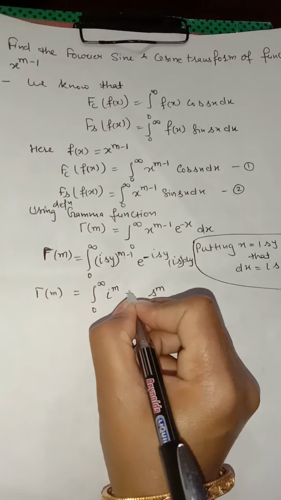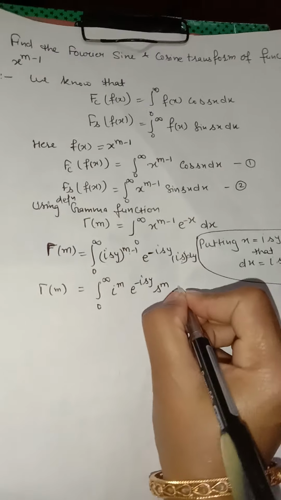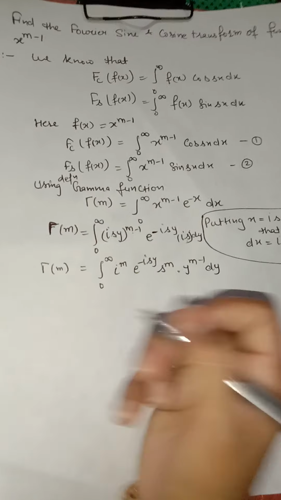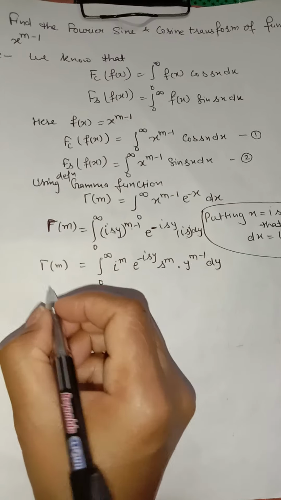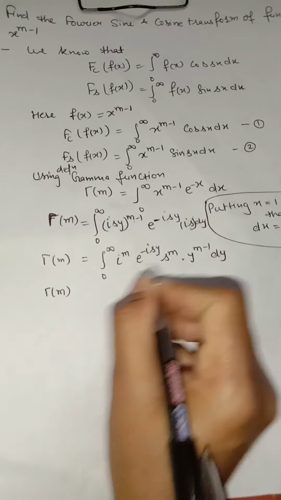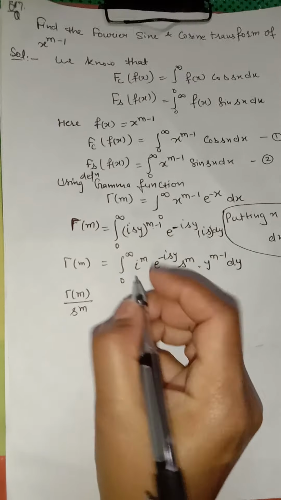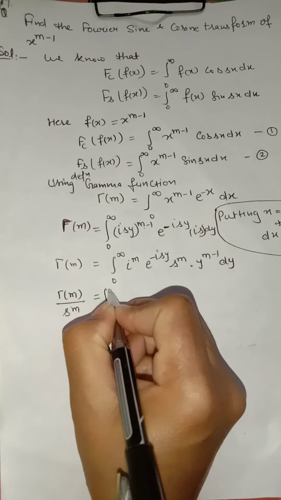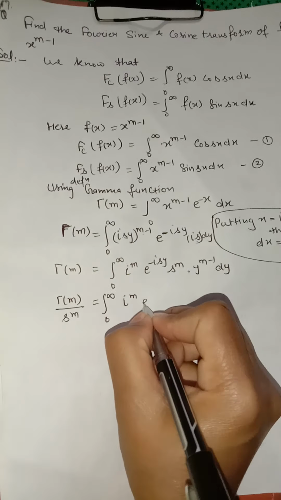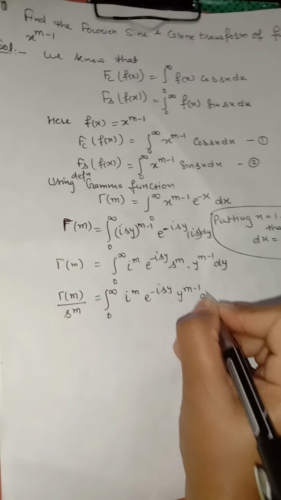Then e raised to power minus iota sy and y raised to power m minus 1 dy. Now taking s raised to power m to left side, gamma m upon s raised to power m can be written as integral 0 to infinity iota raised to power m e raised to power minus iota sy y raised to power m minus 1 dy.